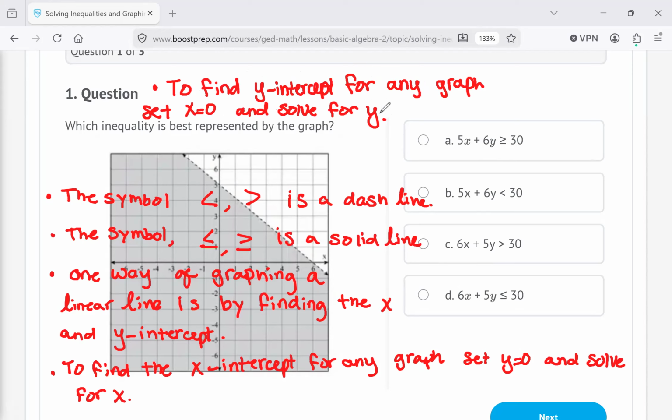Okay, that's it. To find the y-intercept for any graph, set x equals 0 and solve for y. And then to find the x-intercept for any graph, set y to 0 and solve for x. That's it.